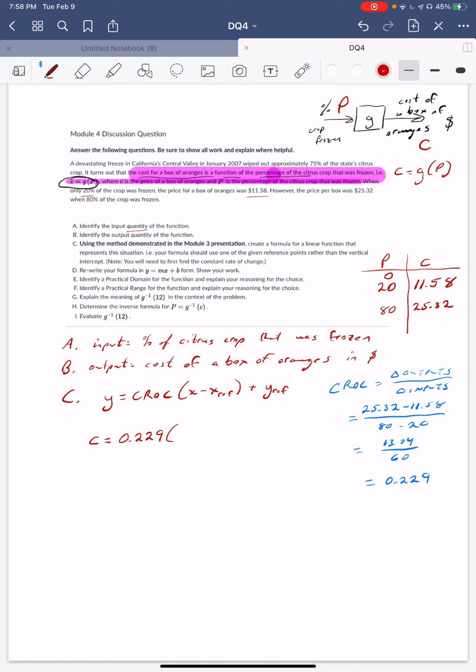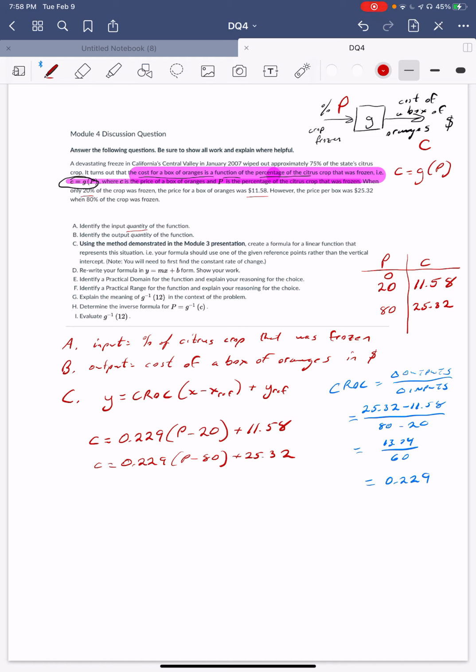I have P. P minus P ref, I'll use the 20, plus 11.58. It didn't matter which reference point you wanted to use. You could write the formula like this: 0.229 times P minus 80, plus 25.32. All right, so that takes care of part C.